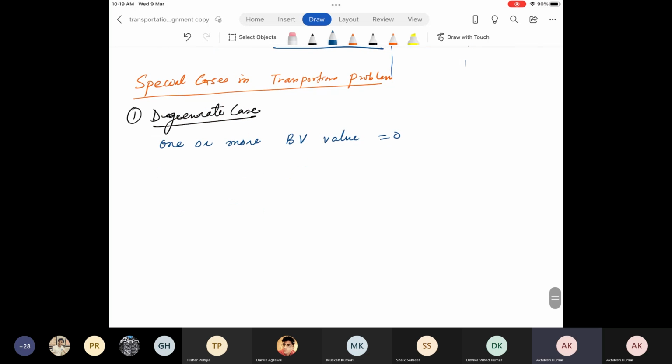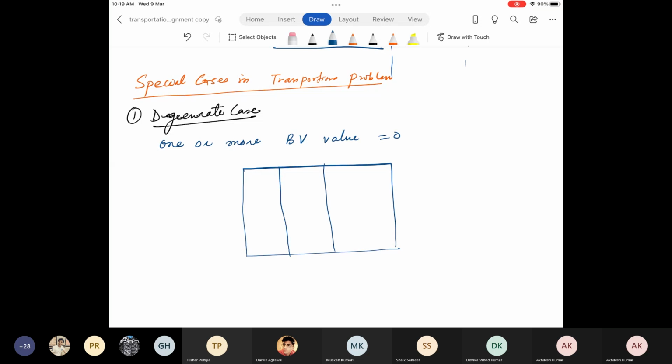For the problem we solved earlier, given the costs here: 10, 20, 11, 12, 7, 9, 20, 4, 14, 16, and 18.